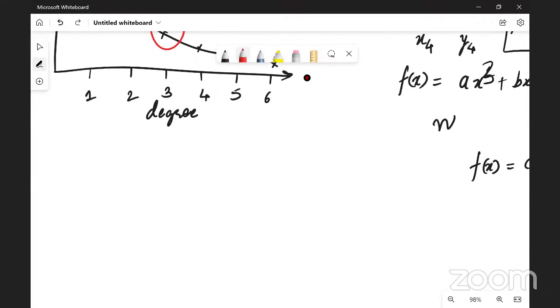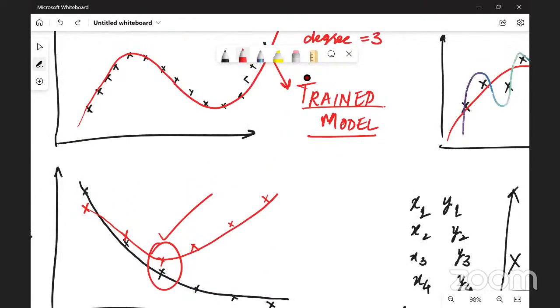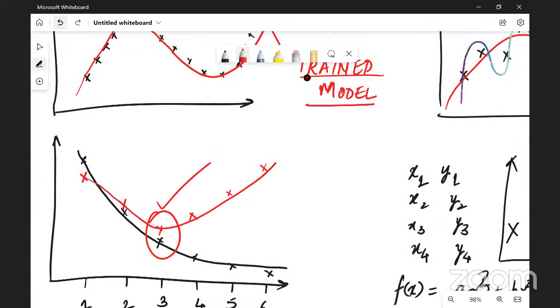Sir, the red curve that you have drawn here for a validation curve, is it always the case, or are you just assuming that a validation curve will be like this for this particular data set?